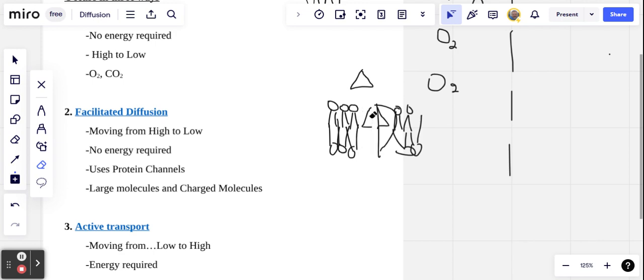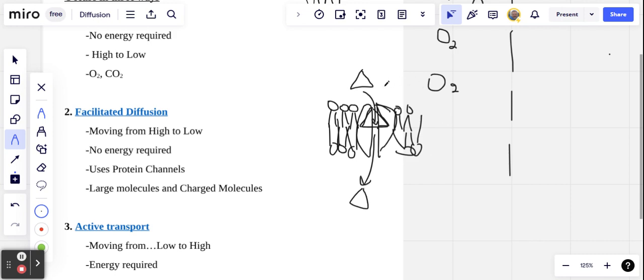When it gets near it, okay. So this thing will fit down inside here. When it kind of touches it, it then fits inside this here. This thing will close together, it'll like change its shape, and then it goes onto the inside. So that's a protein channel.